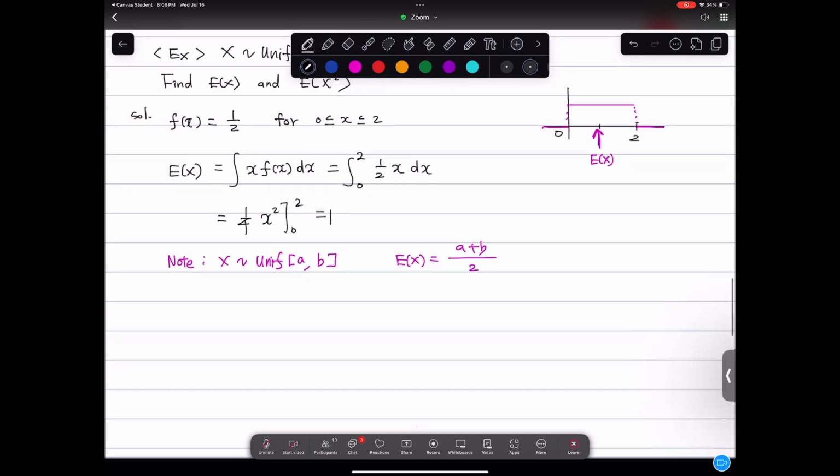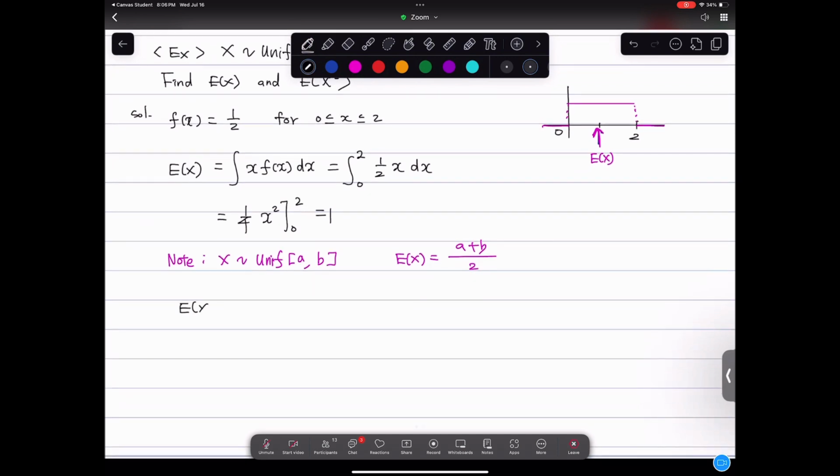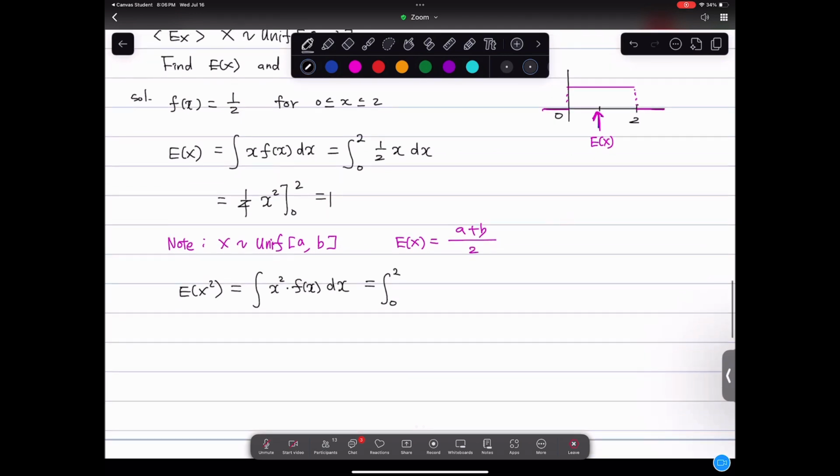So E of x squared, by definition, is x squared times the PDF of x. So in this case, from 0 to 2, 1/2 times x squared dx. So that should be 4/3.